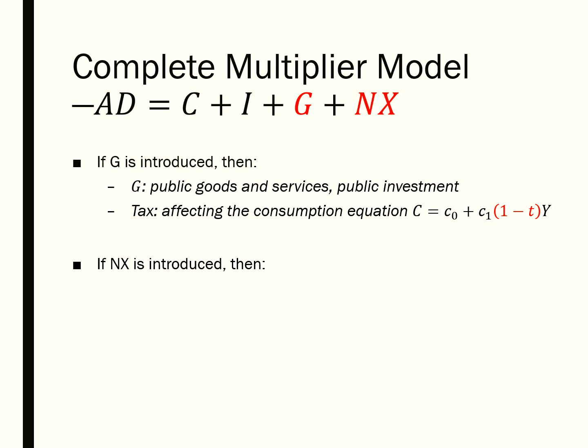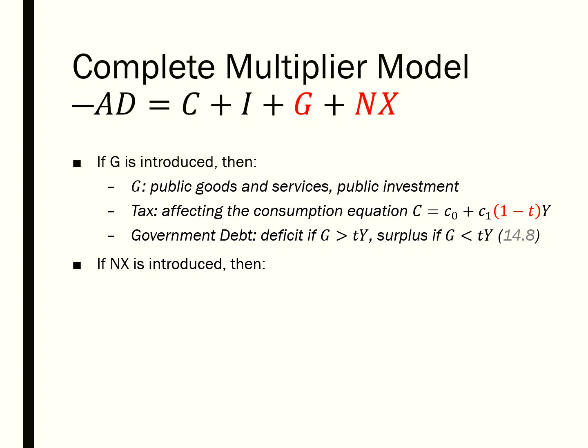So the effect on the consumption equation is that you will have to deduct the income tax from the income Y. So the net or after-tax income will become 1 minus T multiplied by Y. But previously we didn't have this red part, 1 minus T. Apart from these two effects, there will be government debts as well.